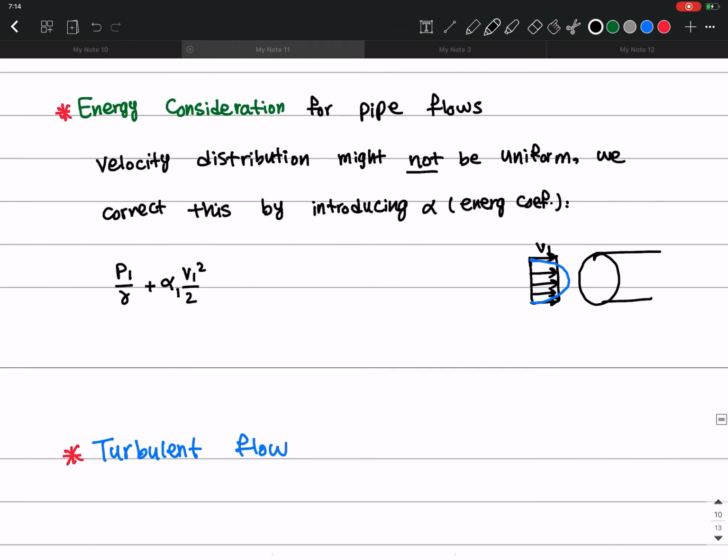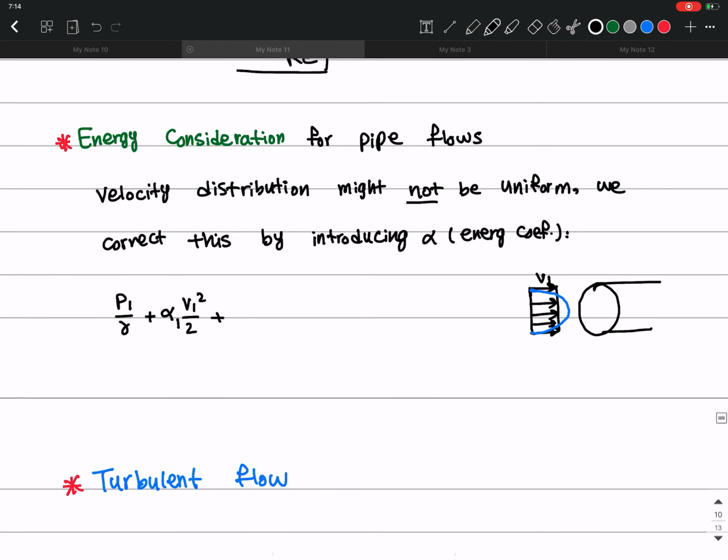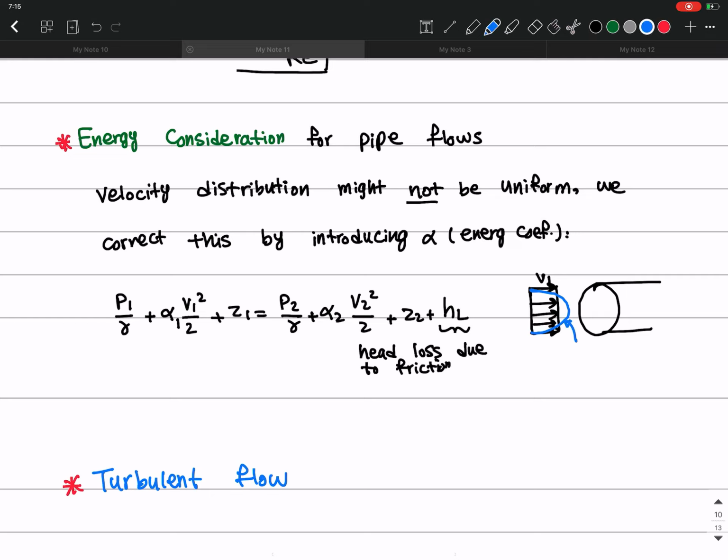And then we write the rest of the equation: plus Z1 equals P2 over gamma plus, again, the correction factor, alpha 2 V2 squared over 2, plus Z2 plus HL, which is head loss due to friction. So this is the real velocity distribution, right?